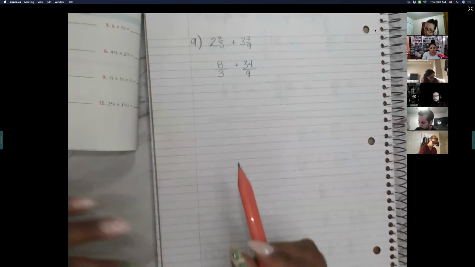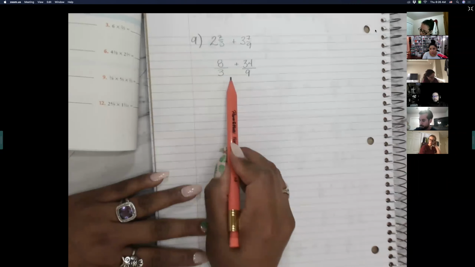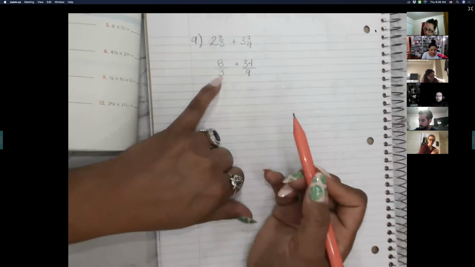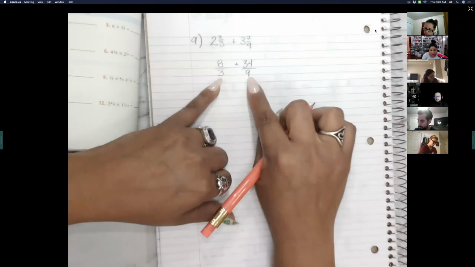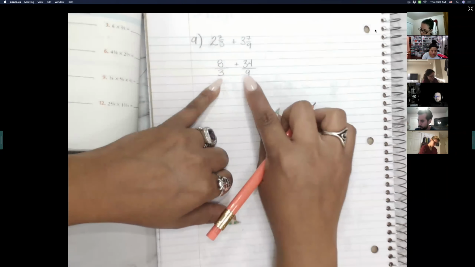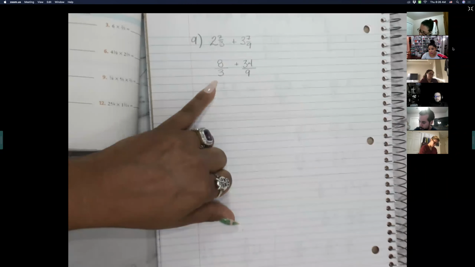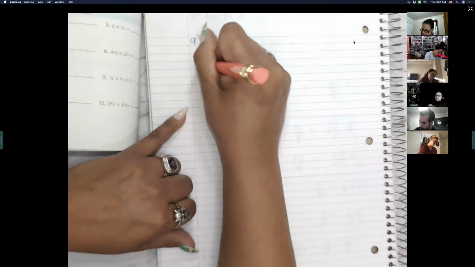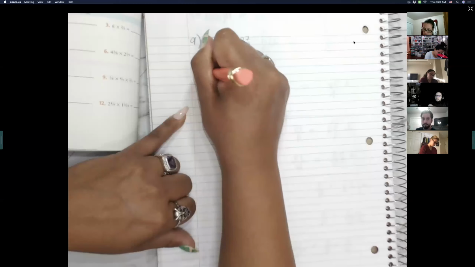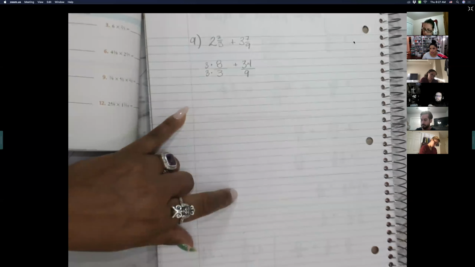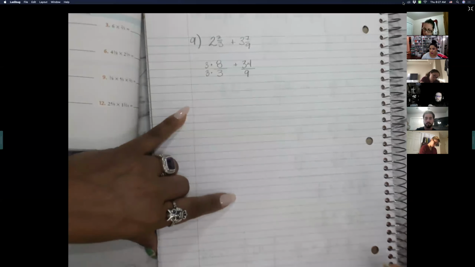Okay, so again, our denominators don't match. We need to get this 3 to match the 9. So I need to multiply this fraction by a 3. So if I do something on the top, I have to do it to the bottom, right? They work together. They're part of the same fraction.